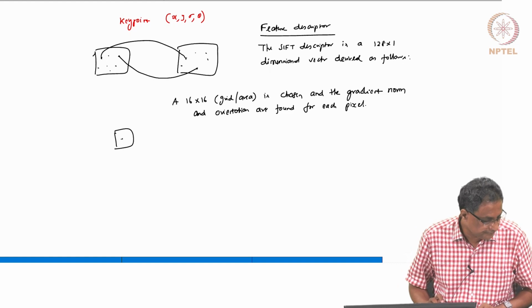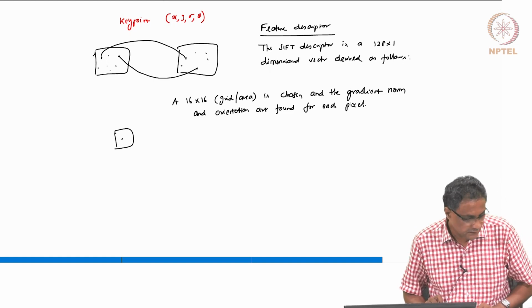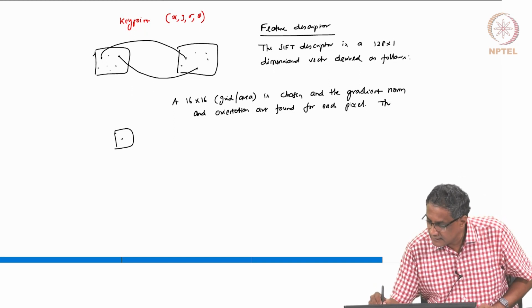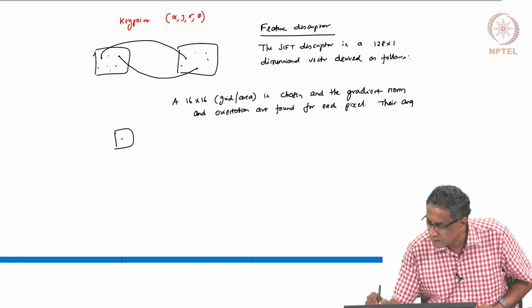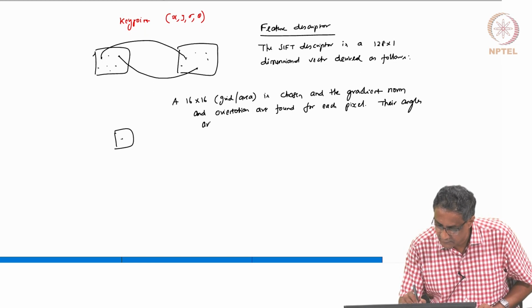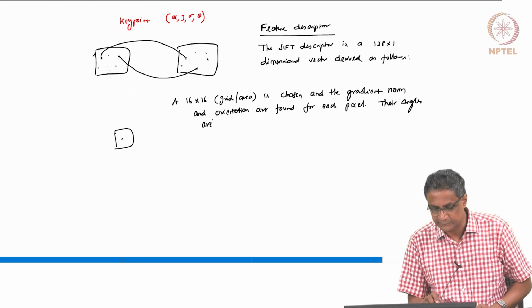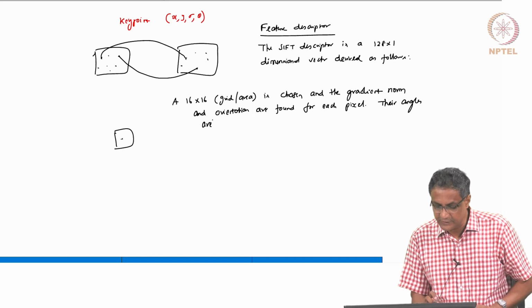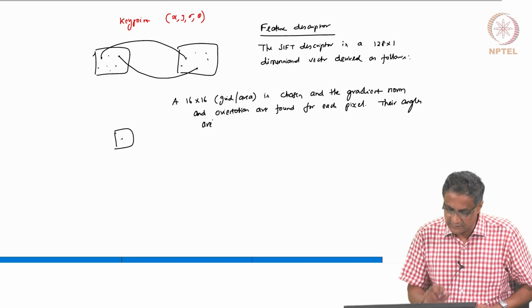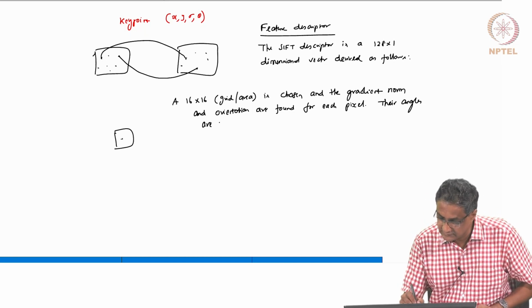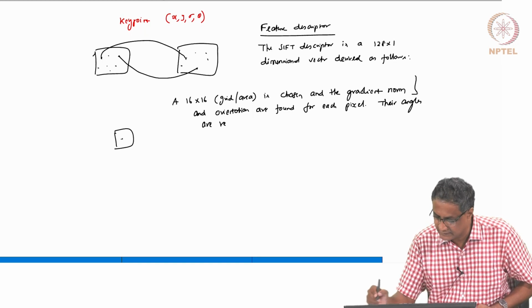For each pixel, then their angles are recomputed. What this means is that you have these angles, and when you do this you will get the orientation.